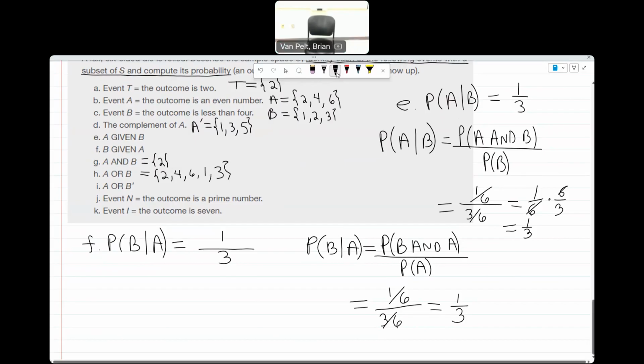So what's the probability of A or B? 5 out of 6. So we know it's gonna be 5 out of 6 because you can count them. Let me do the formula just to show you it's gonna give you 5 out of 6.